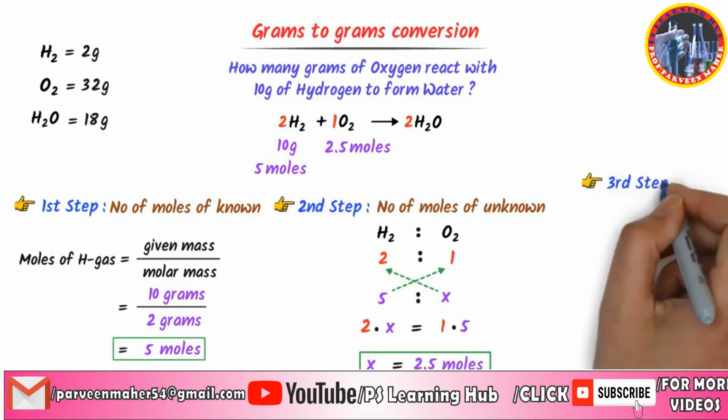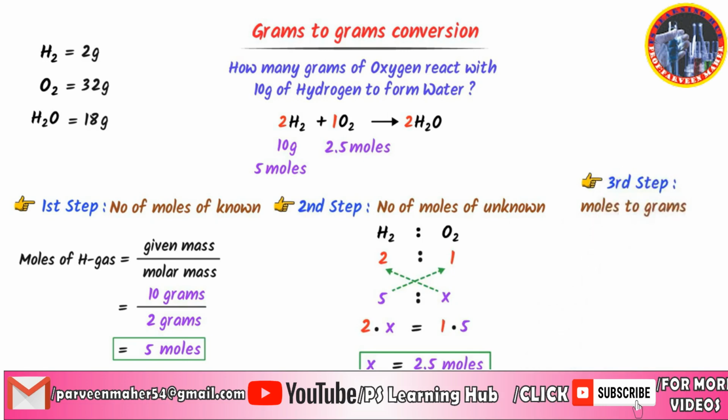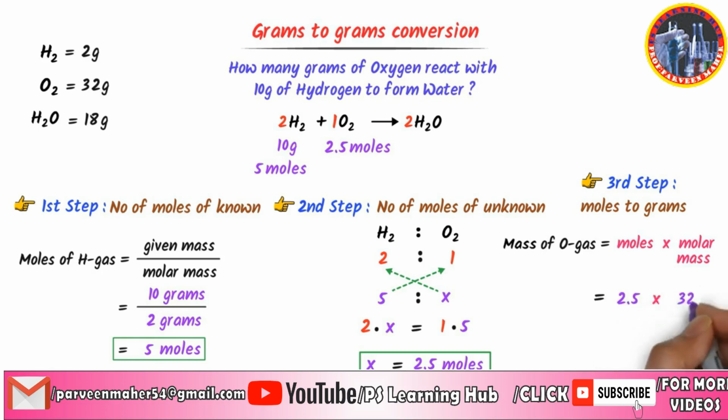In the third step, I convert the number of moles to grams. To do so, I use this formula. Mass of oxygen gas is equal to number of moles into molar mass. The number of moles of oxygen gas is 2.5 and its molar mass is 32 grams. After calculation, I get 80 grams of oxygen gas.